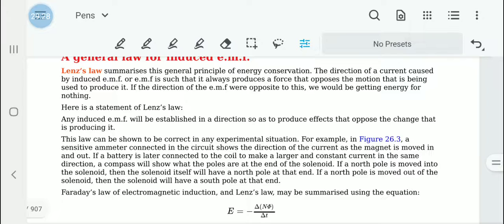Leave a line and write, for example, when you will have to draw this 26.3 with the changes. When a magnet is moved into the solenoid in the diagram below, you have to make sure that you have included a battery to give it a constant current.